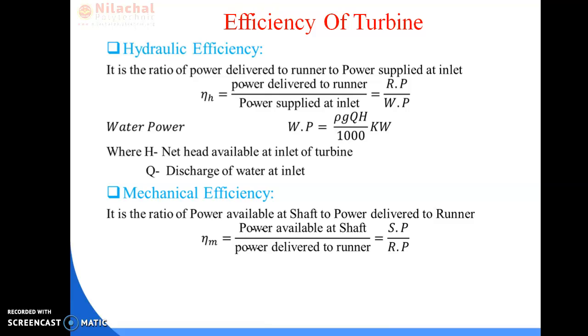While the water applies force upon the runner, the runner rotates. So the output power is the runner power, or the work done by the water upon the runner per second, divided by the power supplied at inlet, that is the output power of the penstock, the energy per unit weight per second of the water.